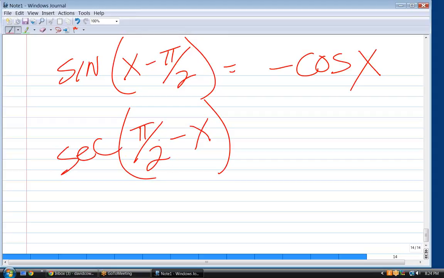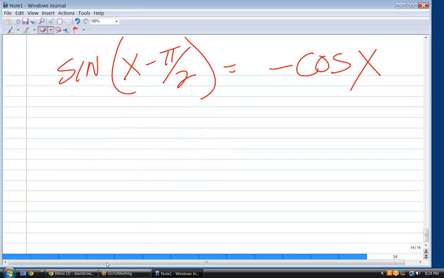So it's really easy if you can get the inside to look like pi over 2 minus x. Well, what do we have to do that? We can't use the cofunction property until this says pi over 2 minus x, not x minus pi over 2.